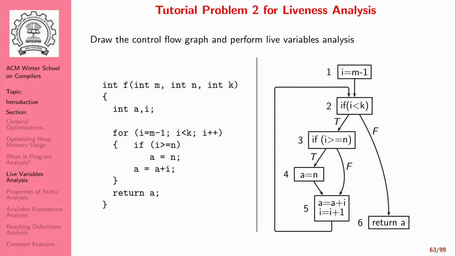We are not assigning a value to A, right? There is a path from here to here. The program may not execute like this, but if it goes like this, what value of A does it return? It may be undefined. But as far as we are concerned, A is live on entry.